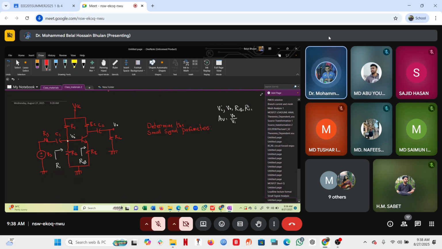Then what are the small signal parameters? The small signal parameters are GM, then R pi, and then RE.